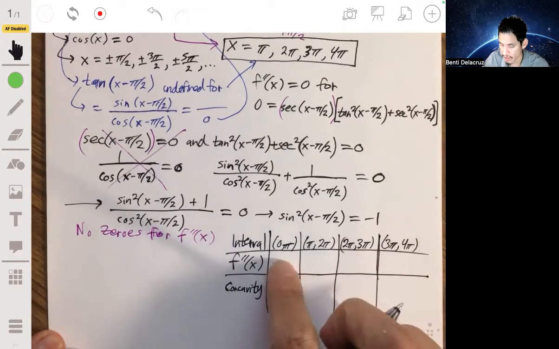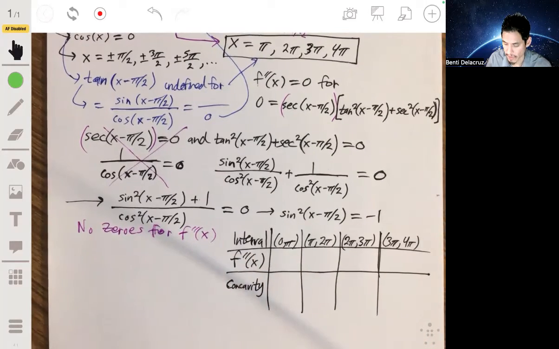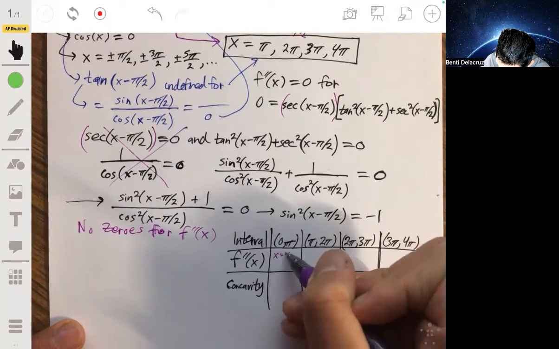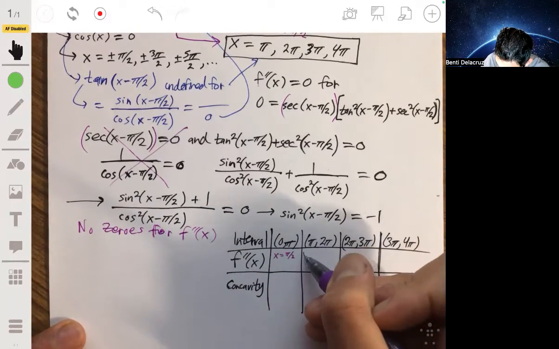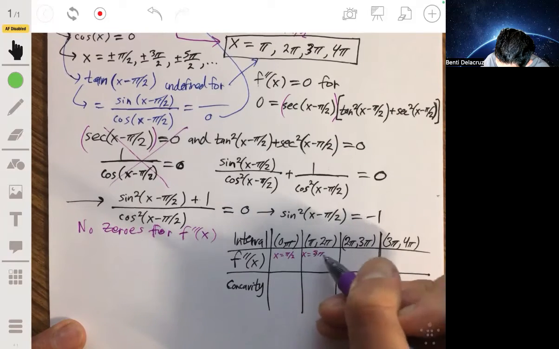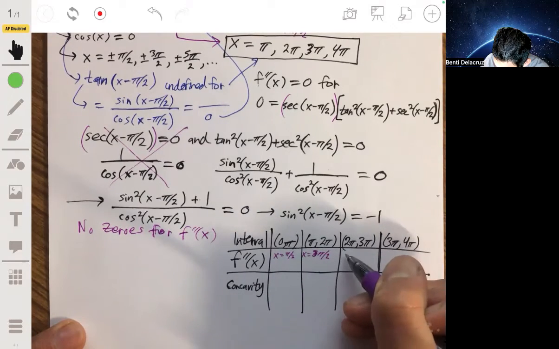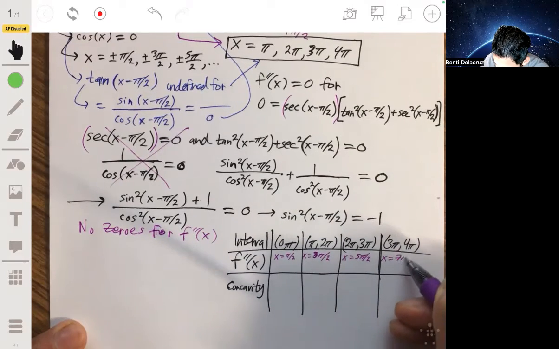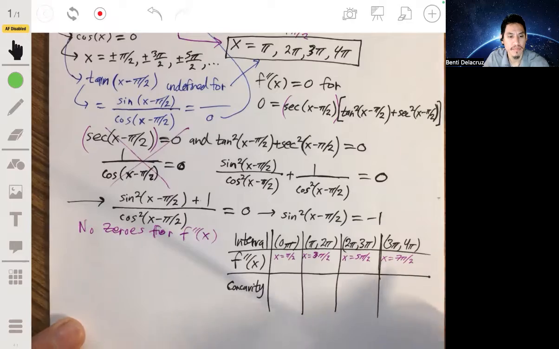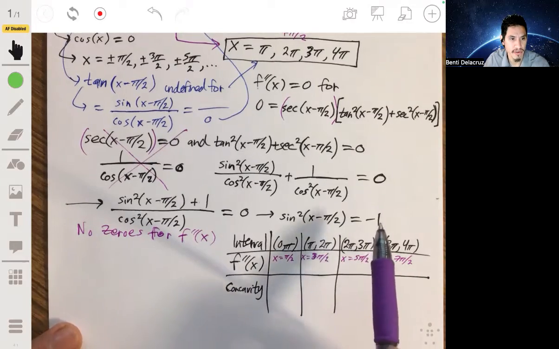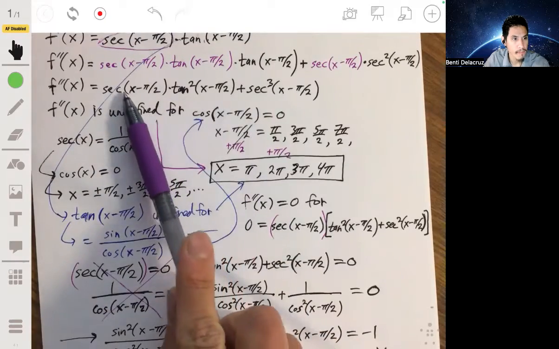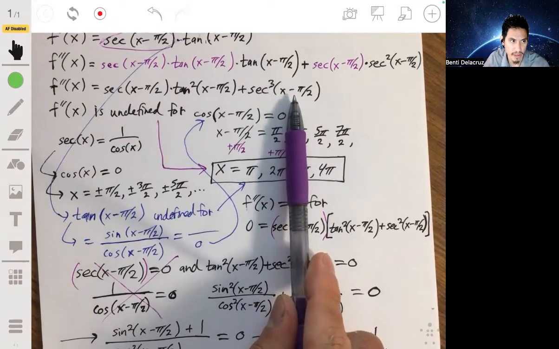So I pick any value in here and evaluate the second derivative. Let's just pick x is pi over 2. Here I'll pick x is 3 pi over 2. x is 5 pi over 2. And then x is 7 pi over 2. So I just plug these values into my second derivative function and see what's going on.